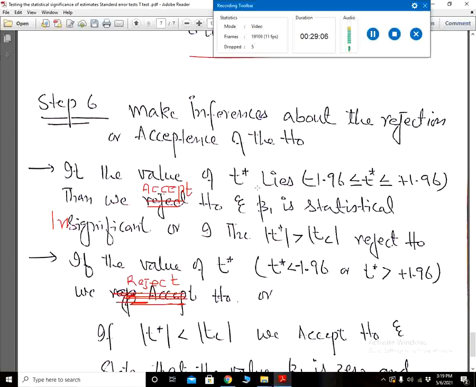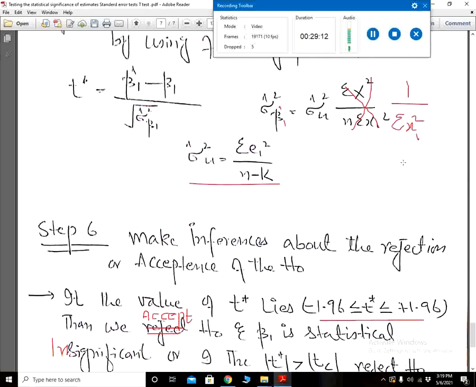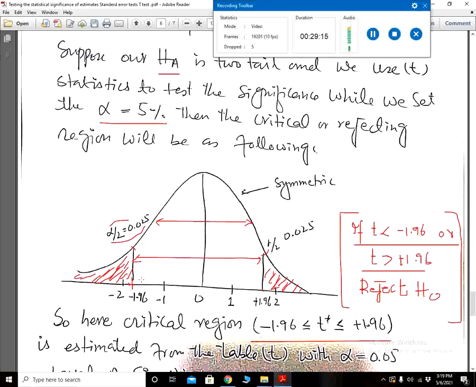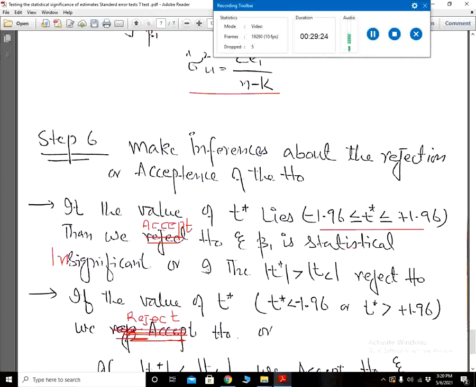If the value of t lies in this area, meaning that t star is greater than negative 1.96 and less than positive 1.96, we accept the null hypothesis and state that beta 1 is statistically insignificant. Here we accept the null hypothesis and we state that beta 1 is equal to 0, that the beta 1 cap, derived from the population parameter, is equal to 0. It means x and y have no relationship. X is insignificant in explaining y.